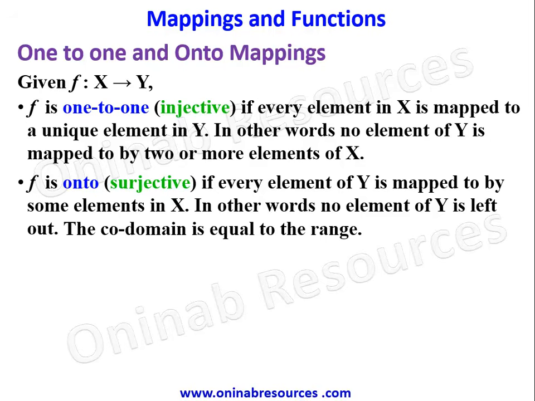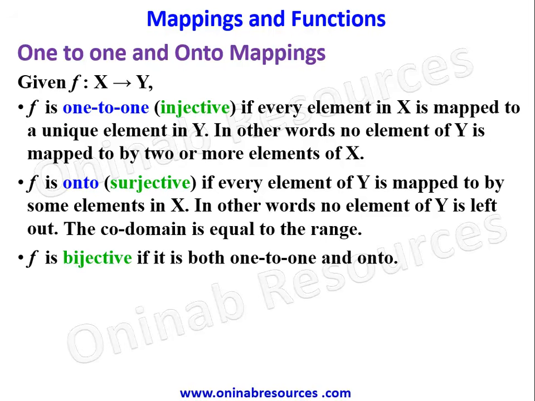So every element of Y is an image of at least one element in X. So in that case, we say the function is onto or surjective mapping. Then we say f is bijective if it is both one-to-one and onto mapping. So this is all we can say about one-to-one and onto mappings.